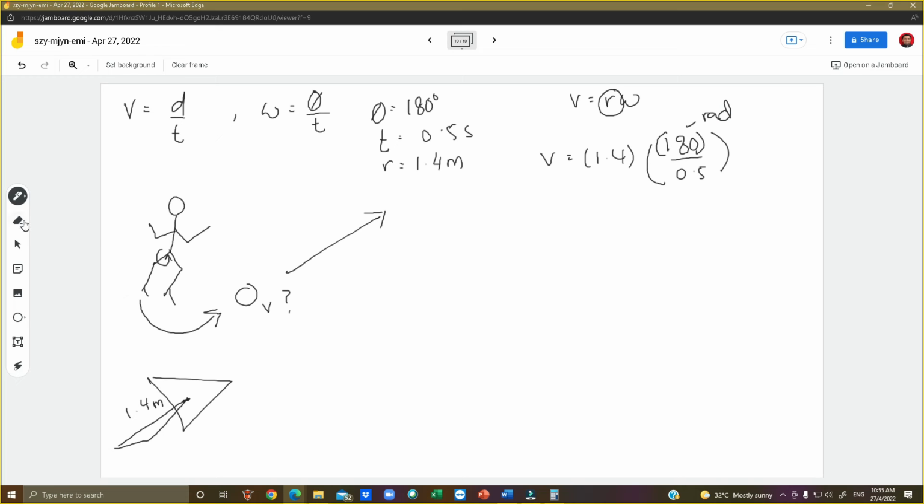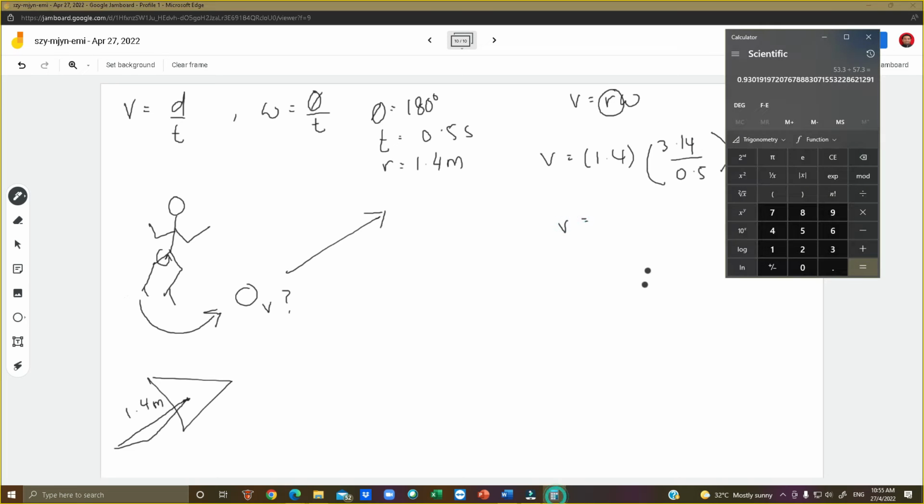Okay, so kamu kena tukar dulu, pasal case ni adalah case relation between linear and angular. So you need to change the degree to radian dulu. So you have 3.14. Barulah kamu selesaikan. 3.14 divide with 0.5. We have 6.28.